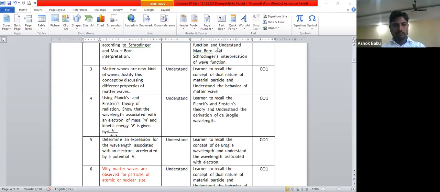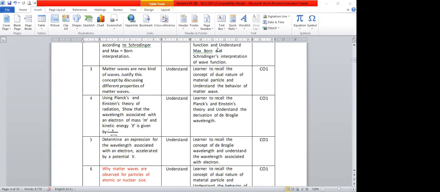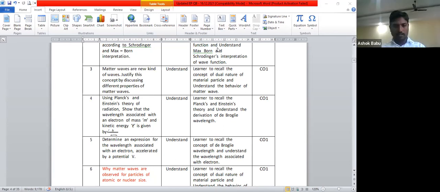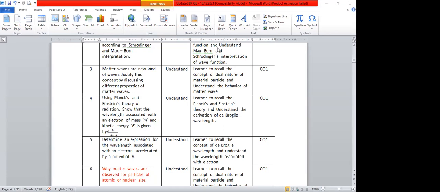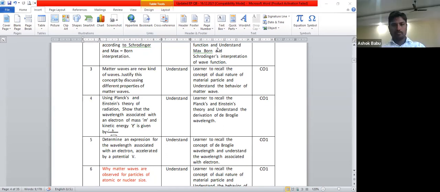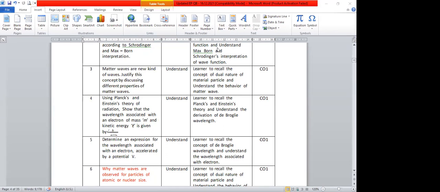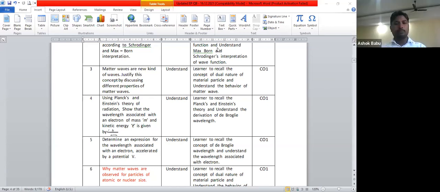Rule number 9. So read the fifth one. Determine an expression for the wavelength associated with an electron accelerated by a potential V. This is a continuation of the derivation part of the de Broglie hypothesis.